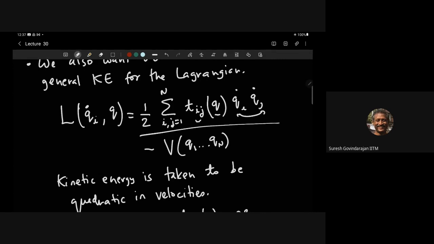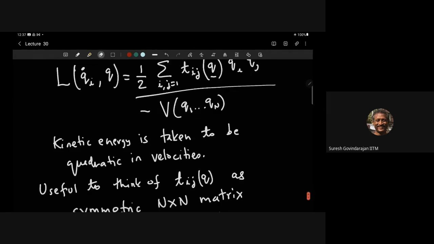But if you write a general arbitrary matrix which is neither symmetric nor antisymmetric, we can always write it as the sum of a symmetric matrix and an antisymmetric matrix. The antisymmetric matrix will give you zero, so you can just replace the generic matrix by its symmetric part. So there is no loss in generality in saying that Tij is symmetric. Is this point clear?